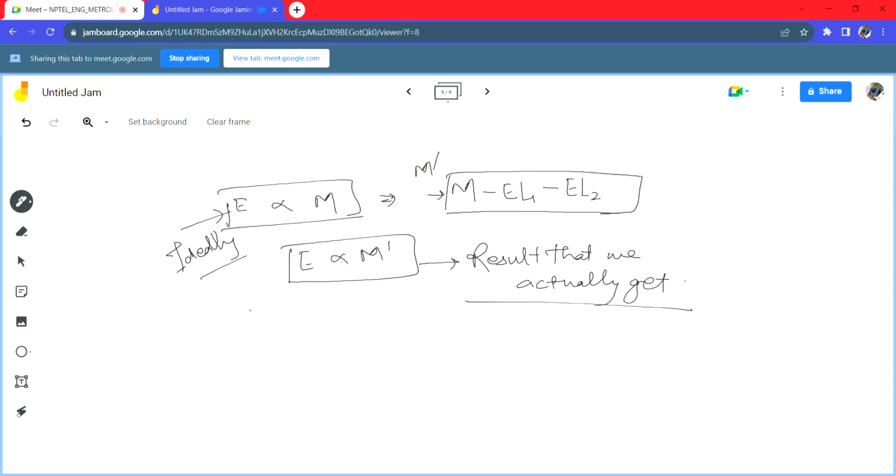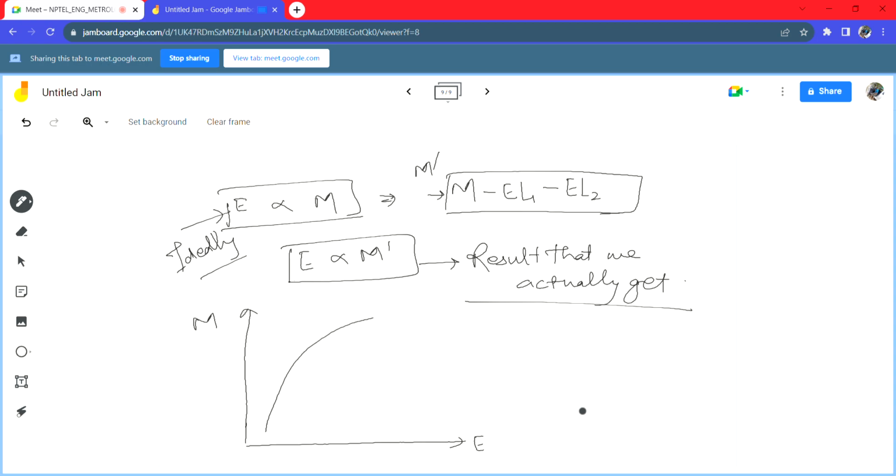If we want to plot this result as a graph, say this is the electrical property and this is the mechanical property, and suppose this is the graph we would have got in an ideal condition. This was the relation between the electrical and mechanical transformation we would have got.